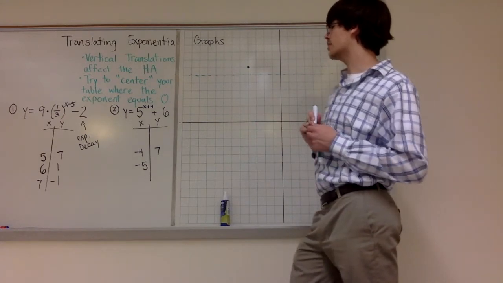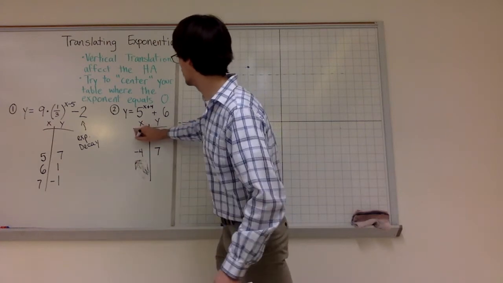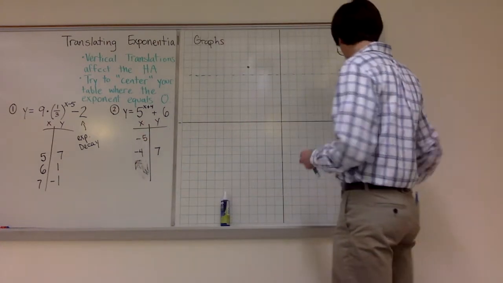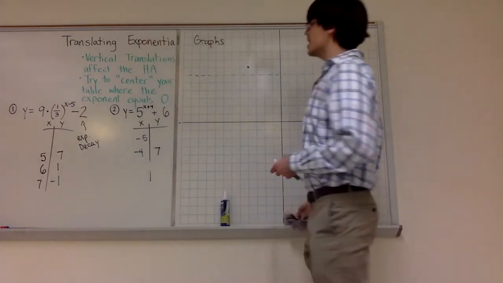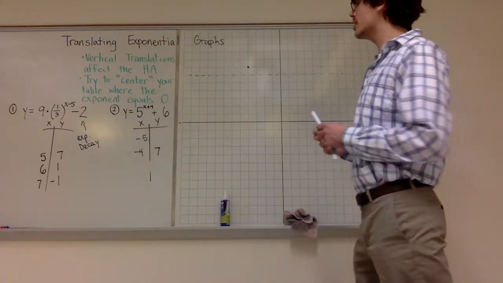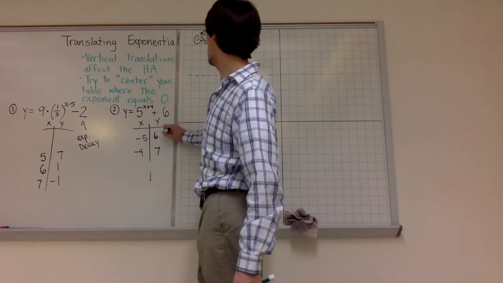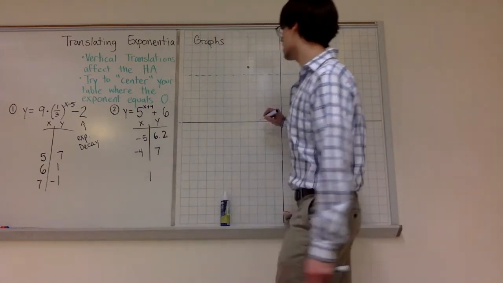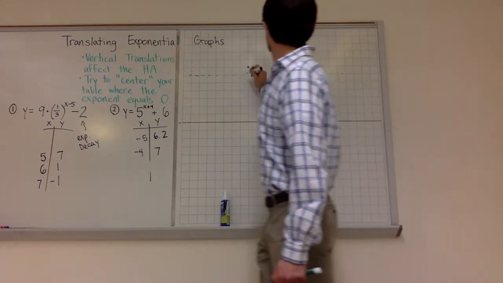If you plug in a -5, wait, I should put that on the other side. I'm sorry. -5 is getting smaller here. If I plug in -5, that will get me out, I believe it'll be 6.2. It's going to be some sort of decimal here. So if I plug in -5, yeah, I think that's 6.2.